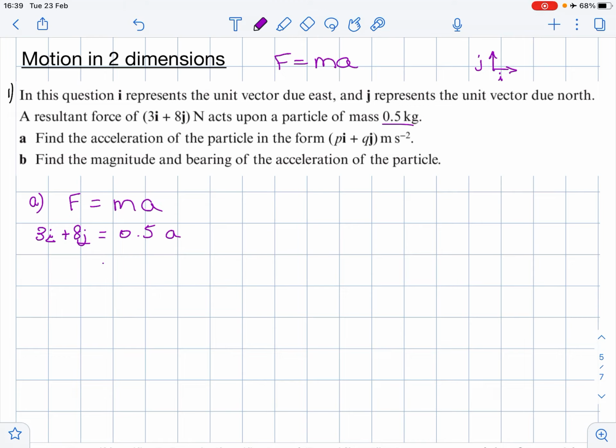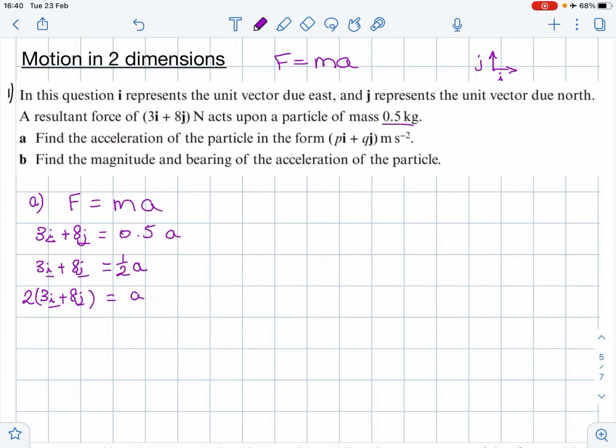So we have the equation. 0.5 multiplied by a is the same as half a. So to find a, we just multiply the whole thing by 2 on the other side.